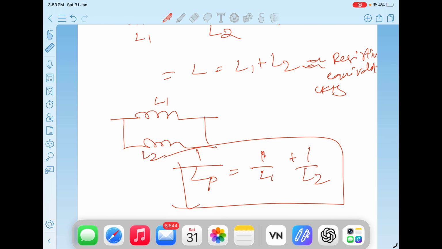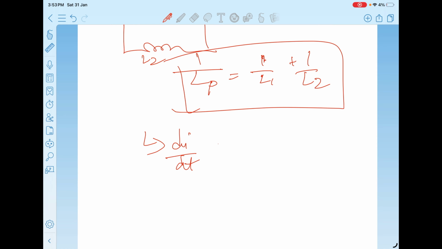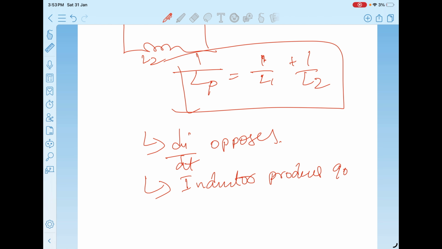Let us summarize what we studied in today's session. One is the application of inductance: inductance opposes di/dt. An inductor produces a 90-degree current lag.